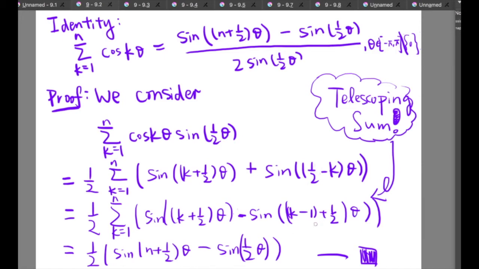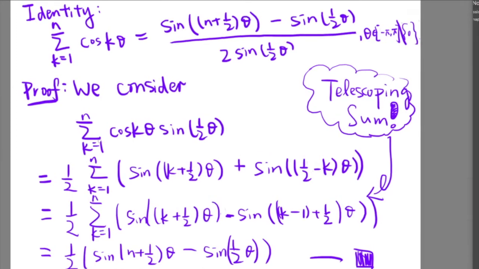Indeed, this is a telescoping sum, and therefore we are left with the first term and the last term, and hence it is equal to sine((n plus 1/2) theta) minus sine(1/2 theta), times 1/2. If theta is non-zero, then sine(1/2 theta) is non-zero, and therefore we can divide by sine(1/2 theta) to get our identity.